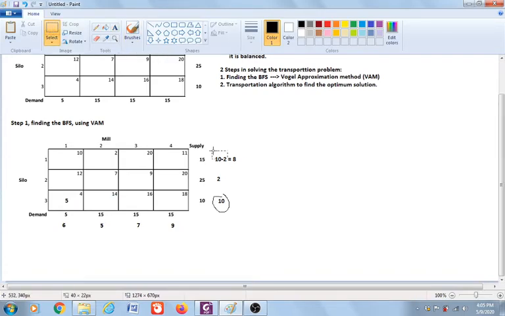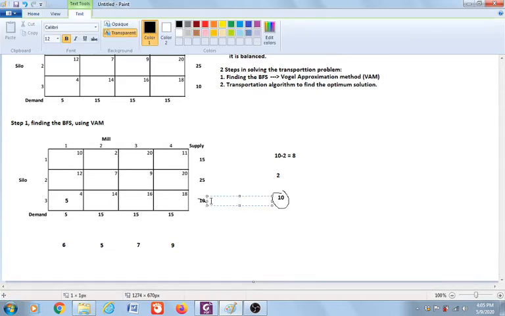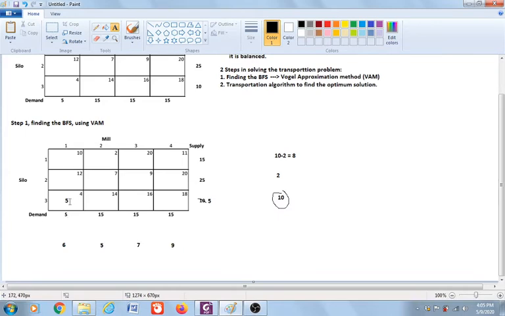I'm going to make some room here for me to write. So from 10, I allocate 5, and I have 5 left over. The demand is 5 and I give 5, so I satisfy the demand.